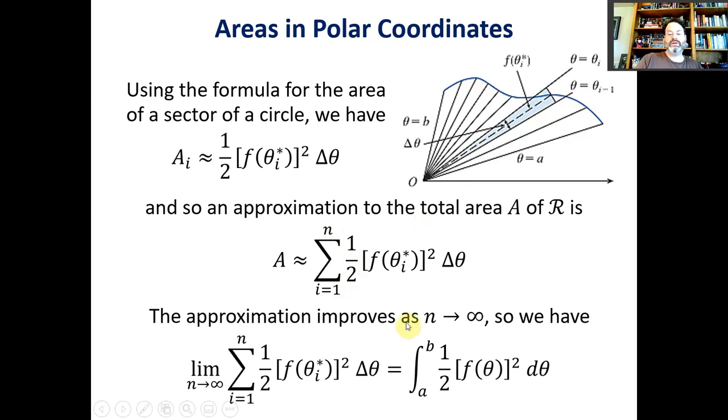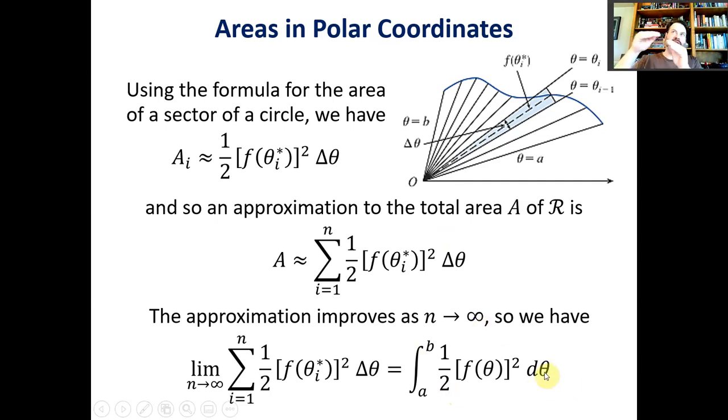It turns out that if we take the limit as n goes to infinity, this is a Riemann sum, and we can replace the sum with an integral, which is what we want to do, because we know how to do integrals, and sums are very difficult. So that's the formula we're going to use. We're treating this whole thing as a sector of some wiggly circle. That's what the d theta refers to.